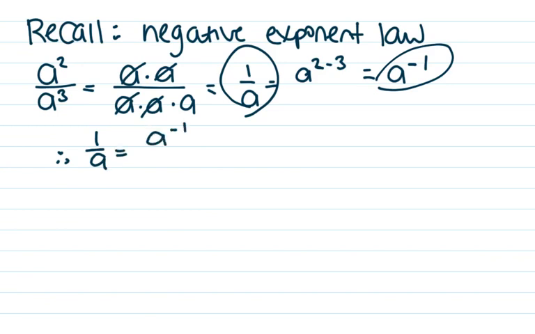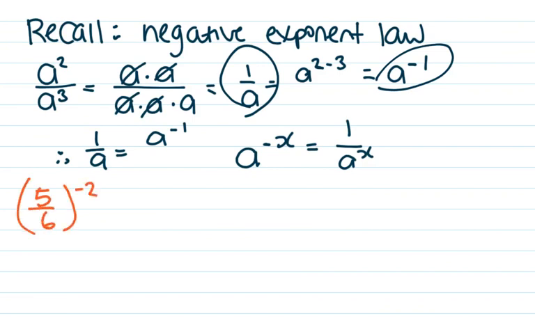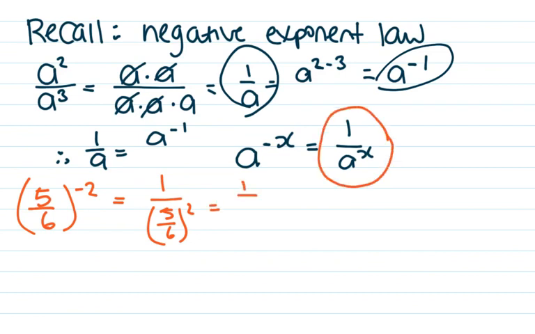So the rule here is a to the power of negative x equals 1 over a to the power of x. If I have 5/6 to the power of negative 2, that's the same as 1 over 5/6 squared, from this up here, which is the same as 1 over 25 over 36, which is 5 squared over 6 squared.